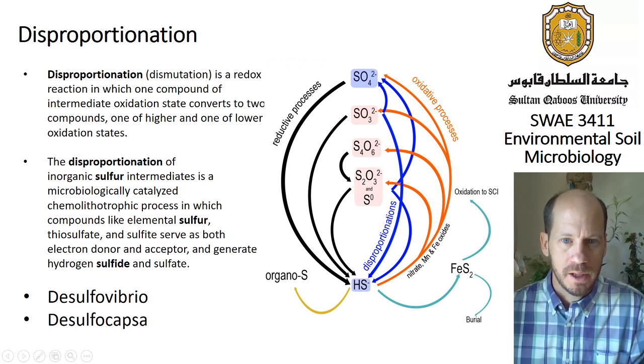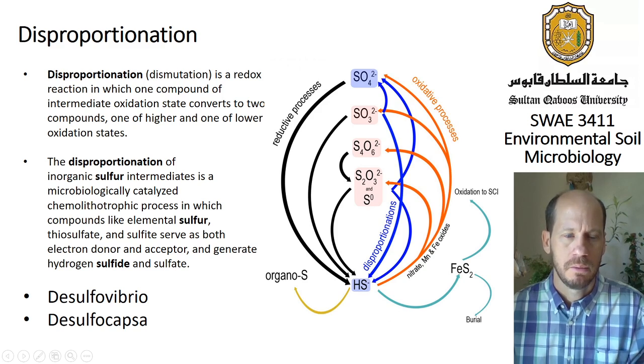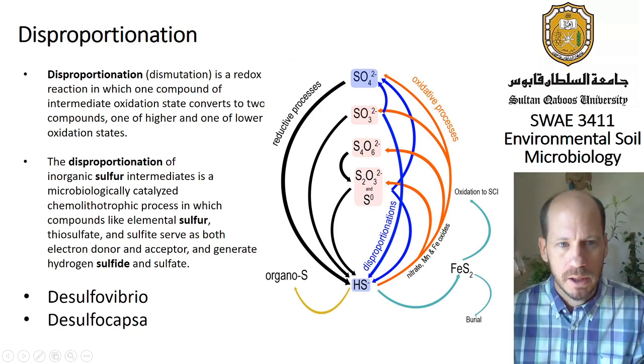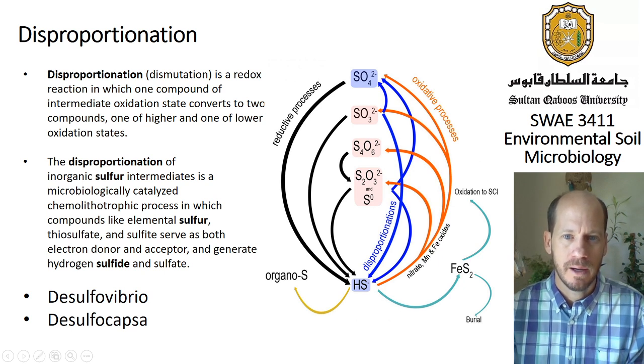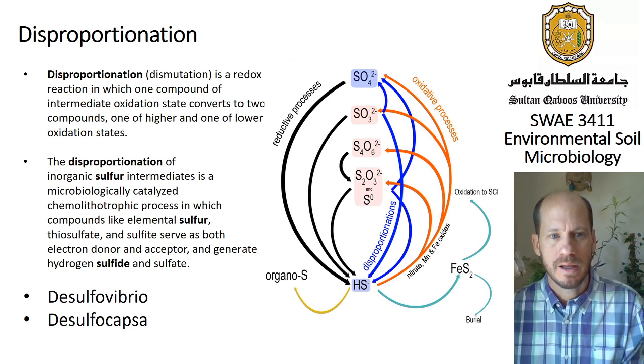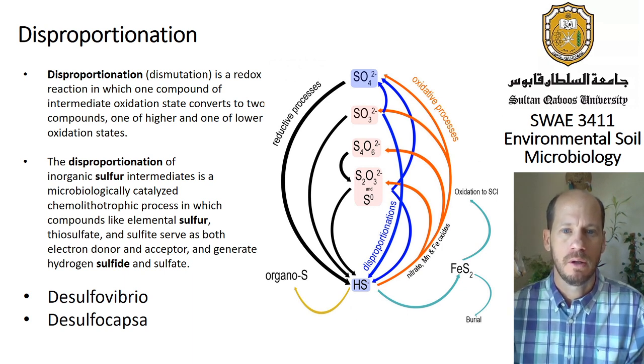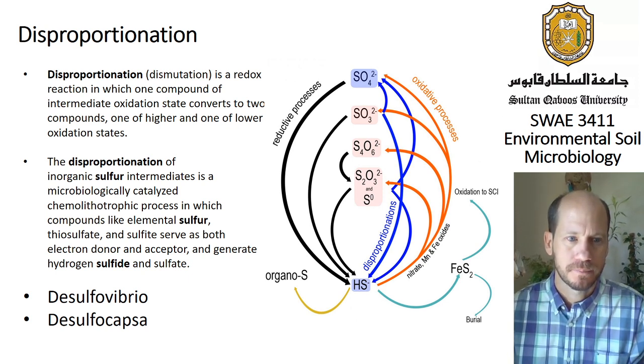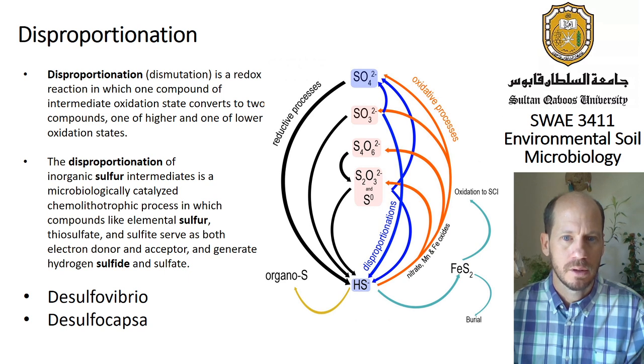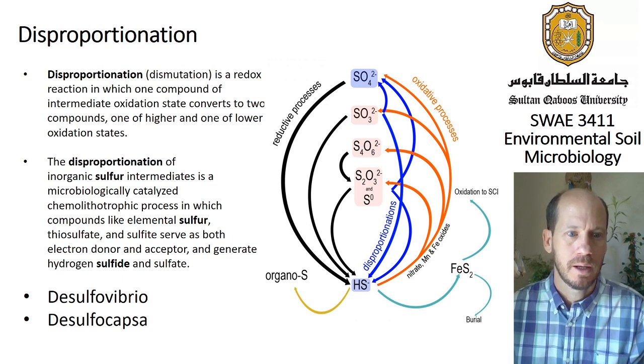So disproportionation is a very interesting process, and it's very clever at the same time. Disproportionation, or dismutation, is defined as a redox reaction where you end up with both an oxidized molecule and a reduced molecule at the same time. So when you have anaerobic conditions, some microbes can use the sulfur both as an electron donor and an electron acceptor.